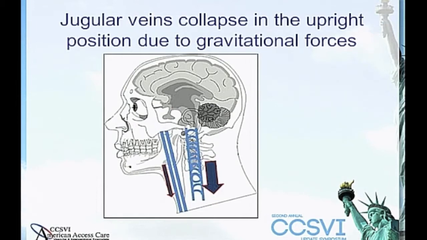When such a vein collapses, its radius goes down, and consequently resistance goes up, because it depends on the radius to the fourth power. This resistance goes dramatically up, and most of the blood is shifted toward the vertebral veins.